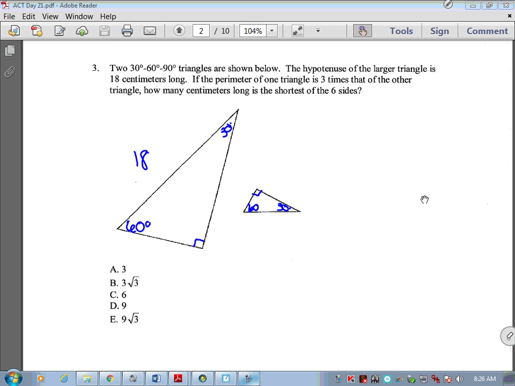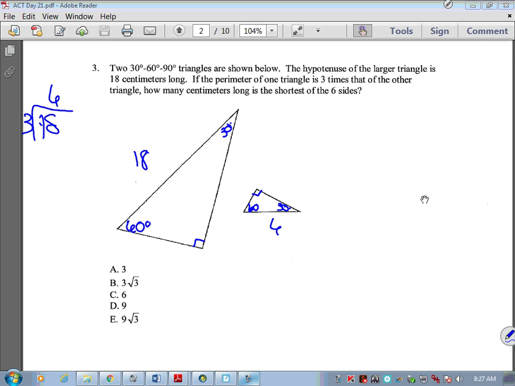So if the perimeter is 3 times that, then the length of a corresponding side is going to be 3 times. Does that make sense? So what we're saying then is that we can take 18 and divide that by 3. Well, what's 18 divided by 3? 6. Which means that that hypotenuse is 6.